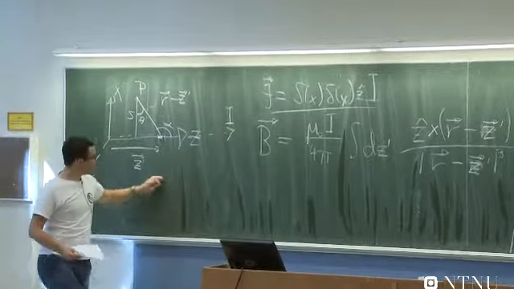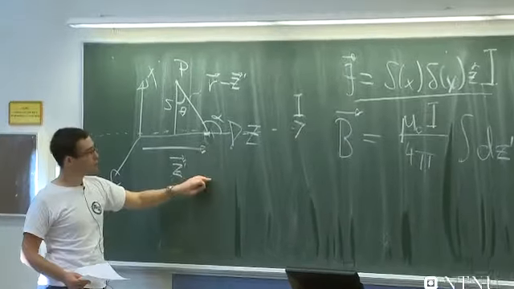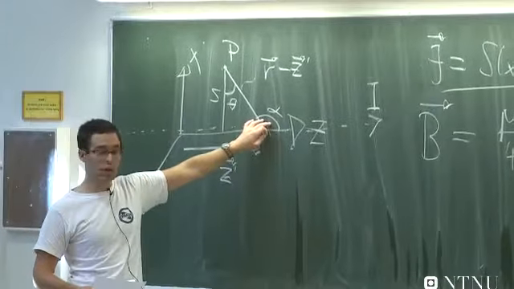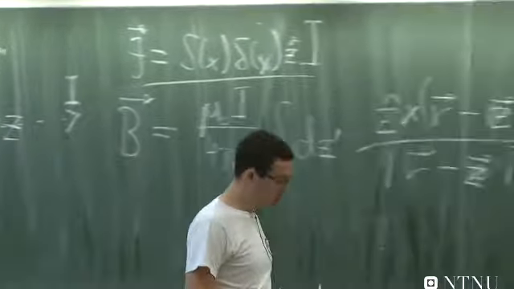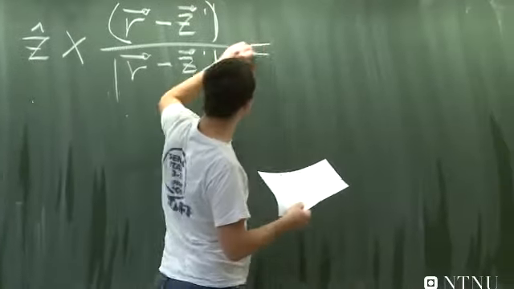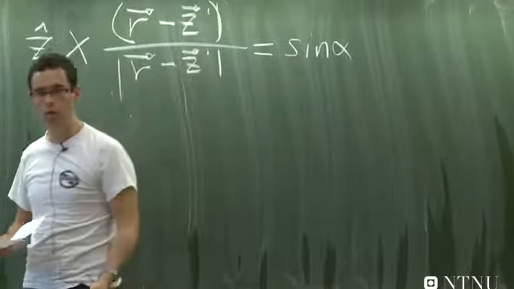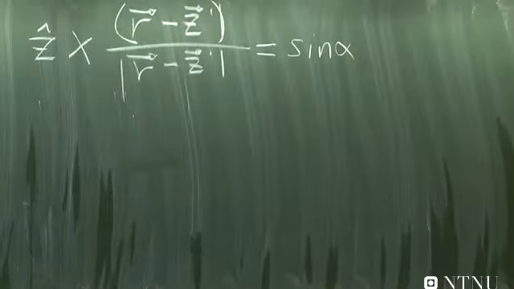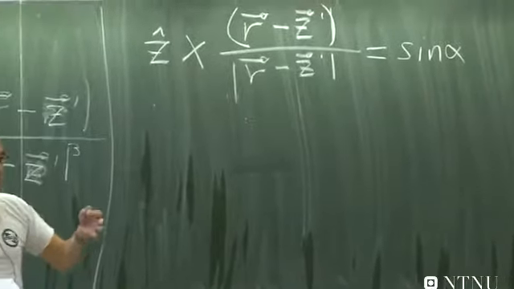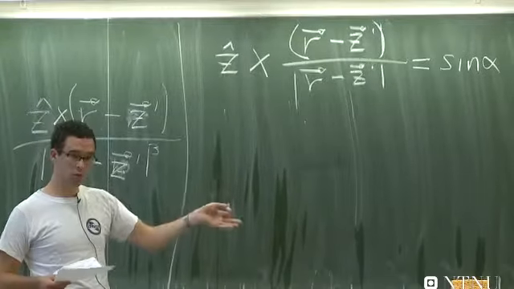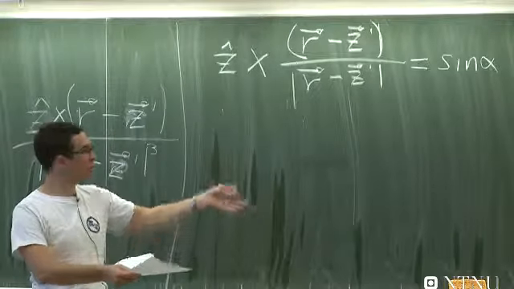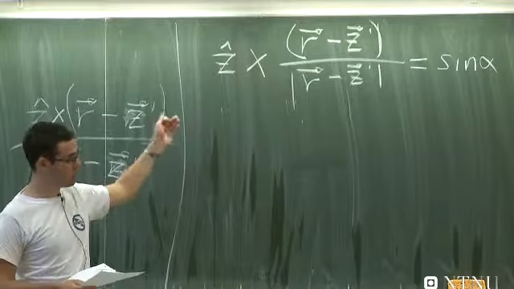And the z hat is pointing along this direction. So I end up with essentially sine of alpha. The length of the cross product is the length of the two vectors you're crossing times the sine of the angle between them. And that's what we got here.